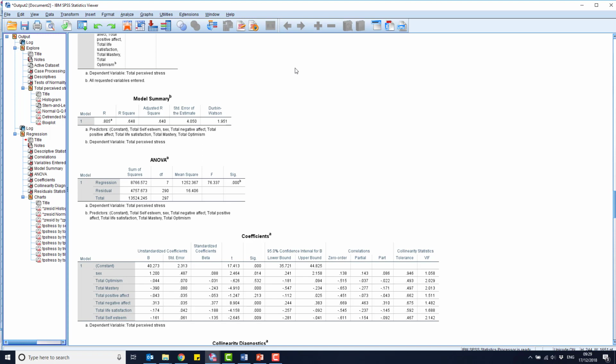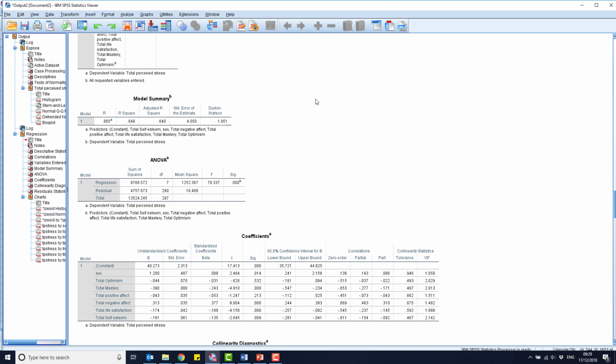So to judge whether the model is effective at all in predicting perceived stress, we'll first look at the model summary table. This provides us with a range of useful information, in particular the R-square value and the adjusted R-square value. The R-square value can be multiplied by 100, and that tells us the percentage of variance accounted for in total perceived stress by the predictors.